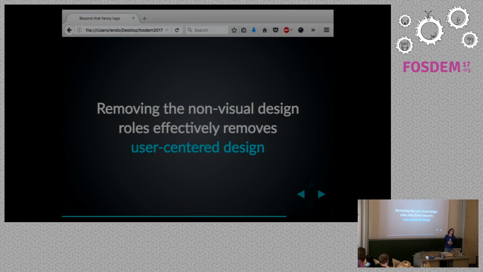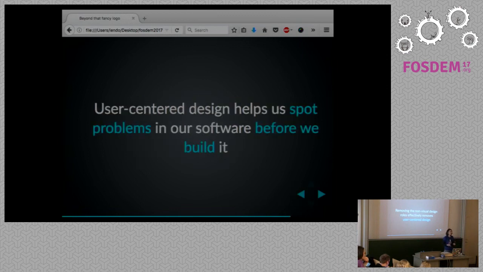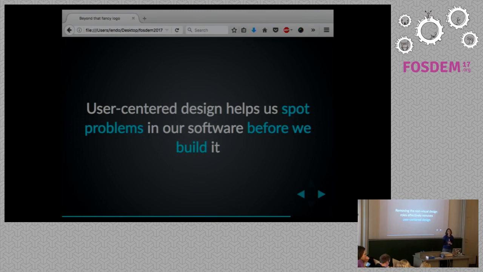When you remove the non-visual design roles from a project, what you are removing are the people who think about your software from the perspective of the people who use it. You're removing the people who are skilled at understanding your users and at spotting problems before you build your features. You're removing the people who would have been able to tell you that putting the sacred Tripundra symbol on a rug, on a yoga rug, was actually a really bad idea.